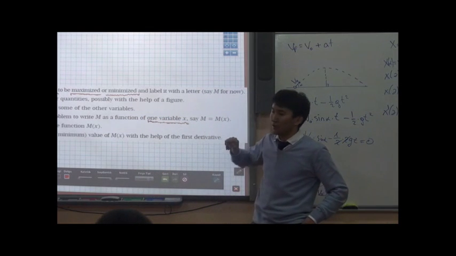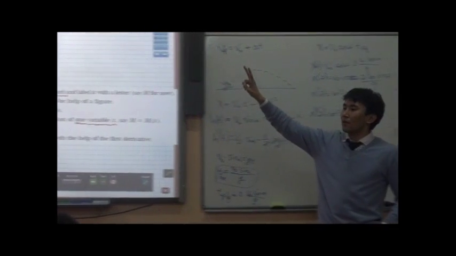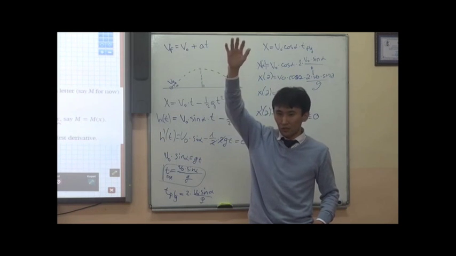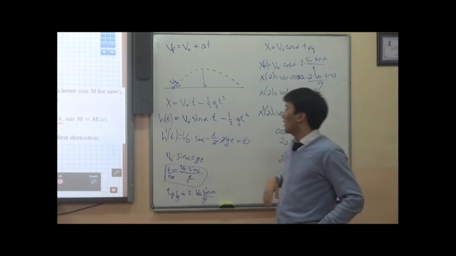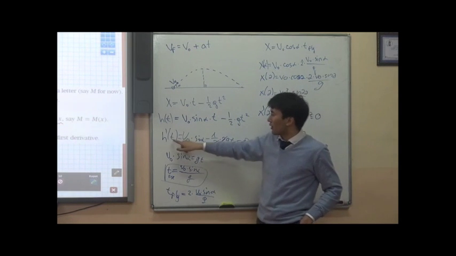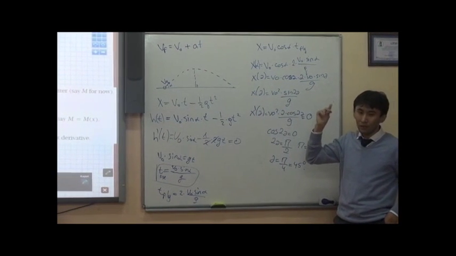This is very important, because if there are two variables, we can't find the derivative of that function. This is a topic of university, where you learn to find the derivative of a function with two variables. Now in here we have a function, as you see, that depends on only one variable, T.